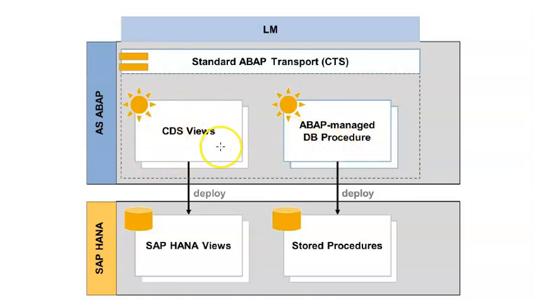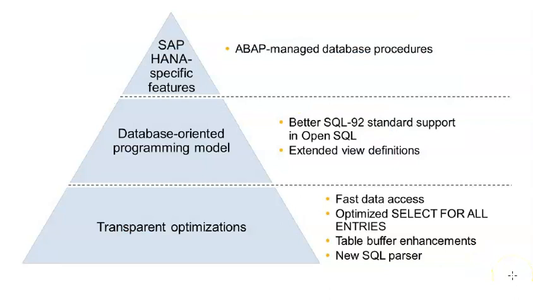So CDS views we have done to access the data from database tables, and we have created AMDPs. AMDPs are always planned to access the data from the HANA database only, primarily. So we have AMDPs, and we have transparent optimizations, the database oriented programming model, and the core data capabilities of ABAP 7.4.